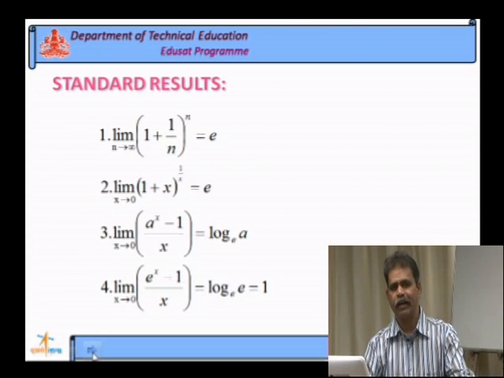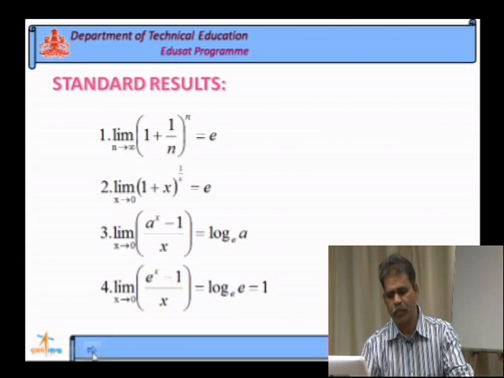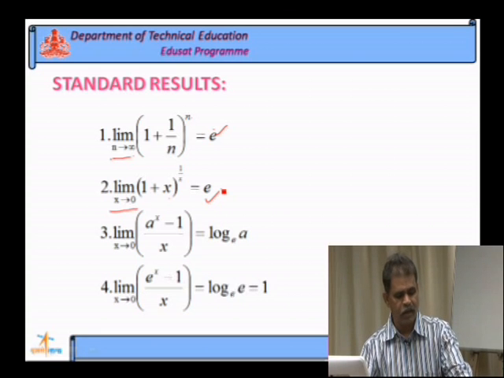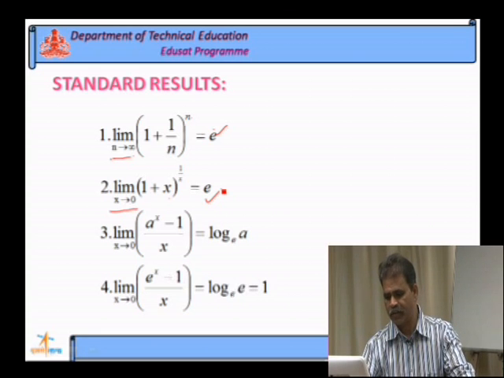We have some standard results, you just remember. The limit of 1 plus 1 by n to the power of n as n tends to infinity is e. The limit of 1 plus x to the power of 1 by x as x tends to 0 is also equal to e. They are also called exponential limits.